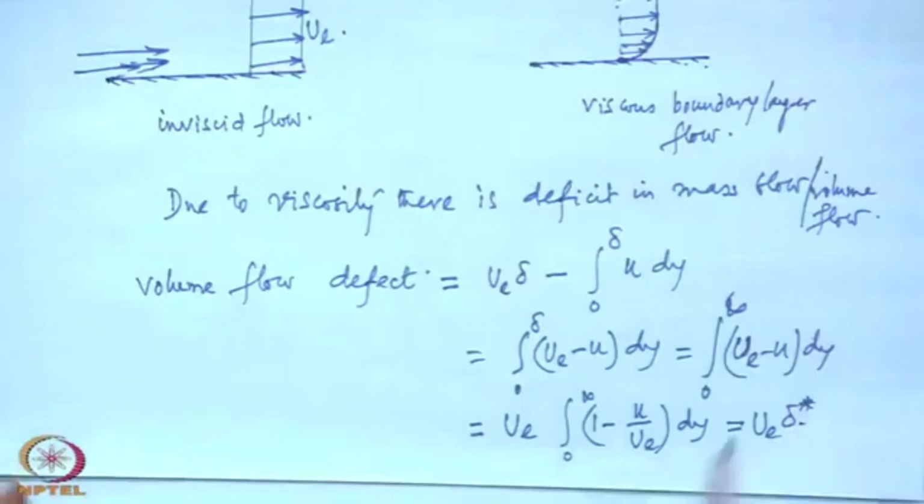So, that is another effect of the boundary layer, that the equivalent effect is that the wall thickness has increased by delta star, or the wall is displaced by a distance delta star, and this delta star is called the displacement thickness.